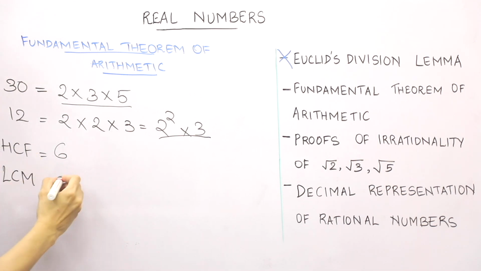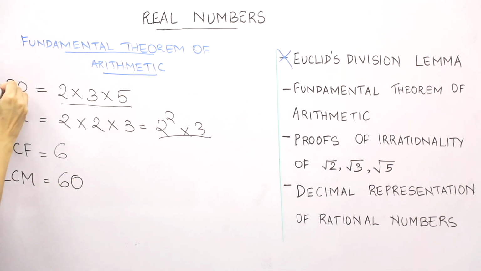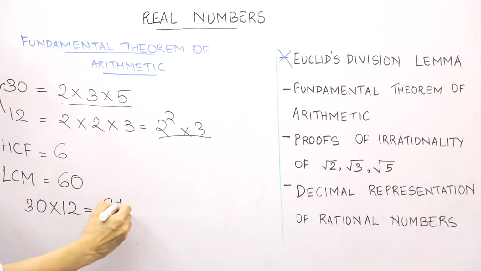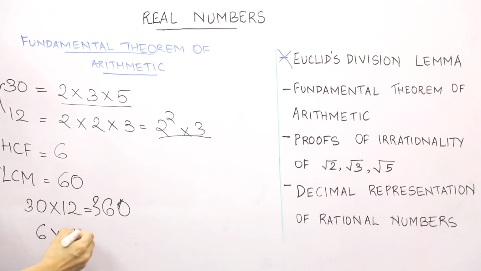Now, from these numbers, we can arrive at an interesting result. Let us find the product of the two numbers, that is 30 into 12, which is equal to 360. Let us also find the product of the HCF and LCM, which is 6 into 60, again 360.